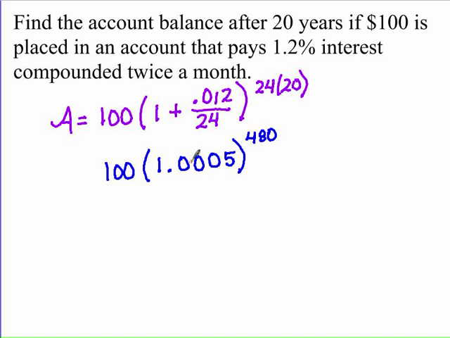So what did you get? $127.12. So you made $27 over 20 years. Okay, so yeah, that's a lot. Is that real life?